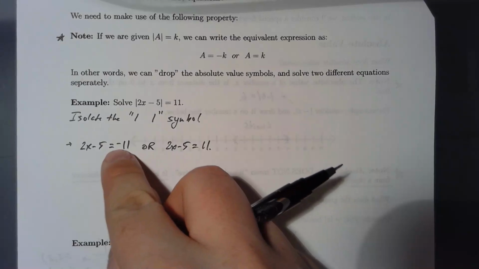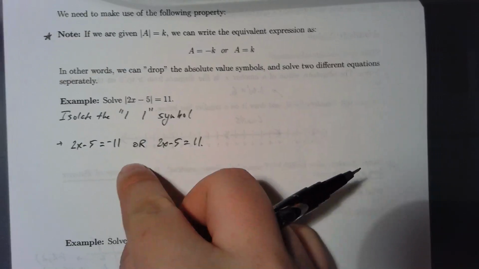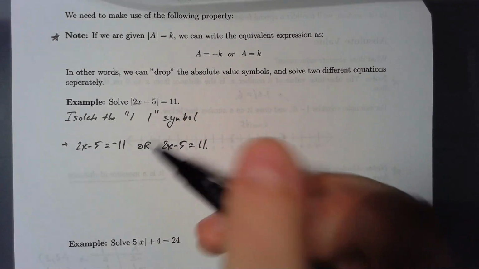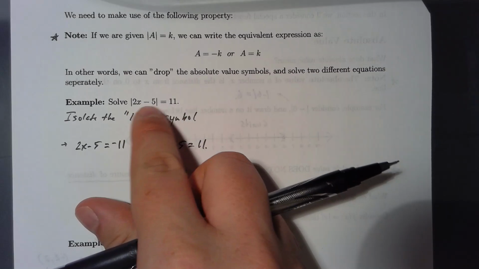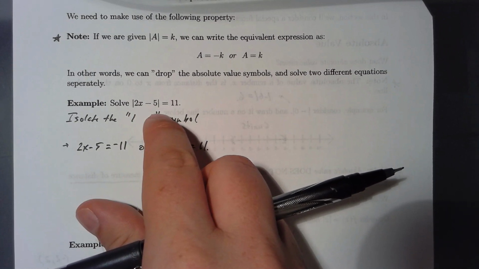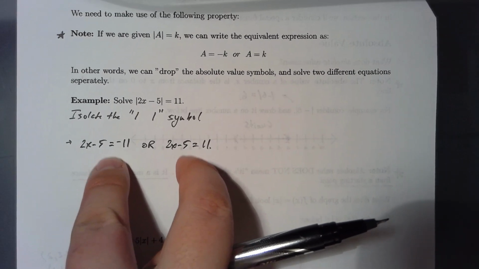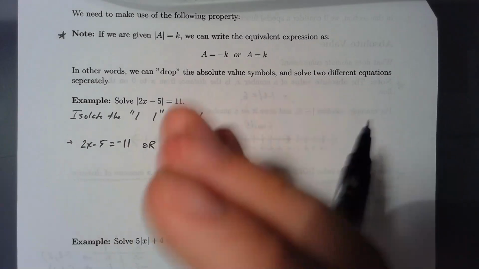It doesn't matter which one I did first. I just want to be consistent with up here. But the point is that once the absolute value symbol is isolated, you can drop it and write these two equivalent equations.